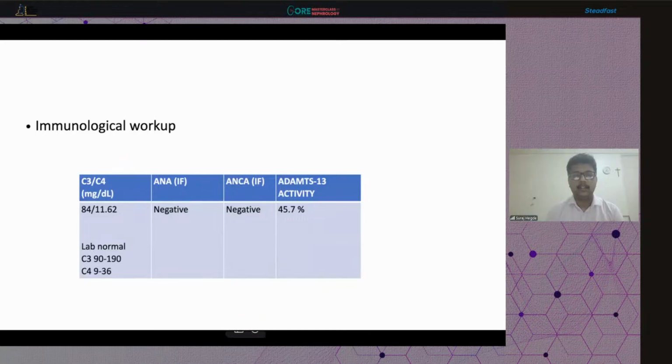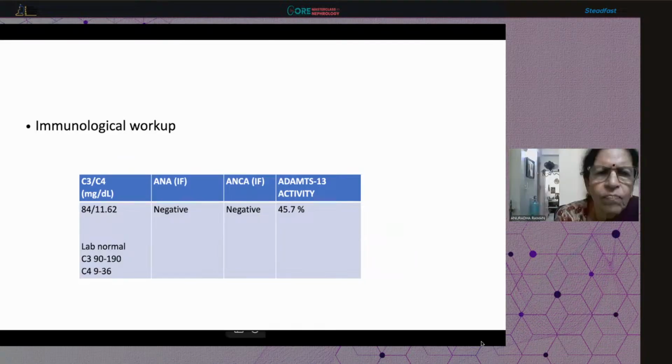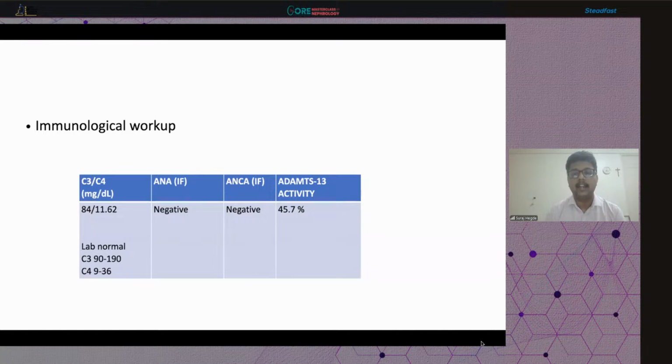Immunological workup: complement C3 and C4, C3 being on the lower side, 84, and C4 being normal, 11.6. ANA and ANCA were negative, tested by immunofluorescence, and ADAMTS13 activity was 45.7%.